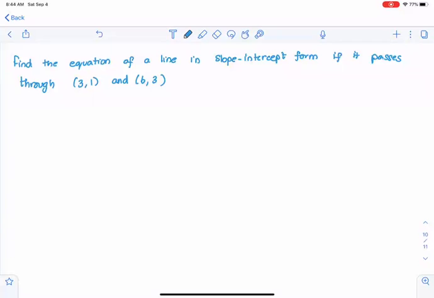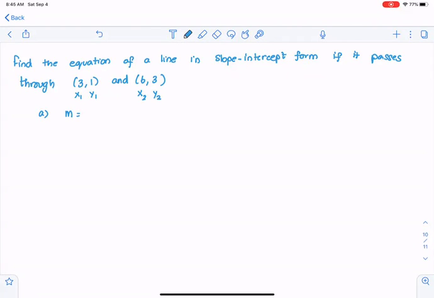We want to find the equation of a line in slope-intercept form if it passes through 3, 1 and 6, 3. Not very complicated. The very first step is to find the slope. I'll call the first point x1, y1, and the second point x2, y2.